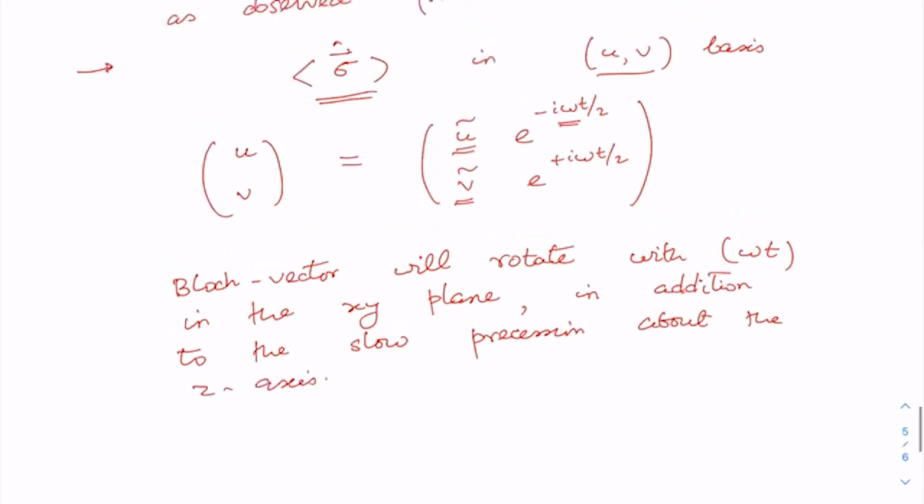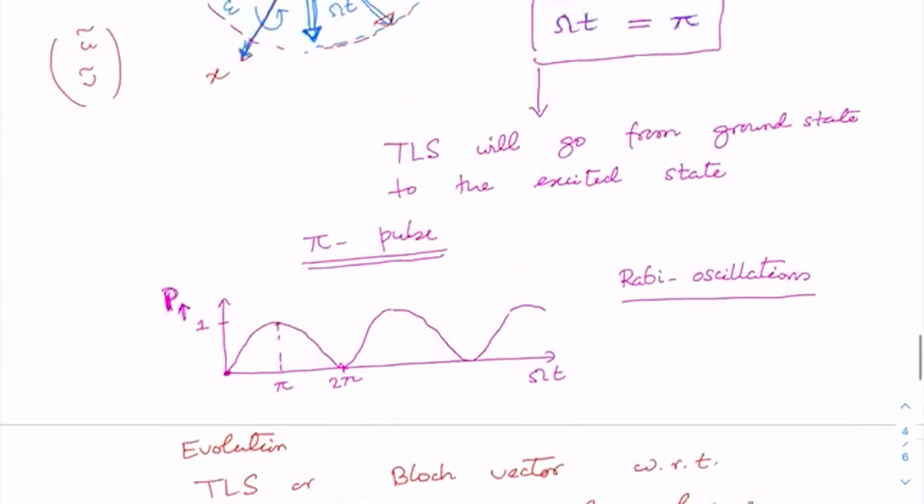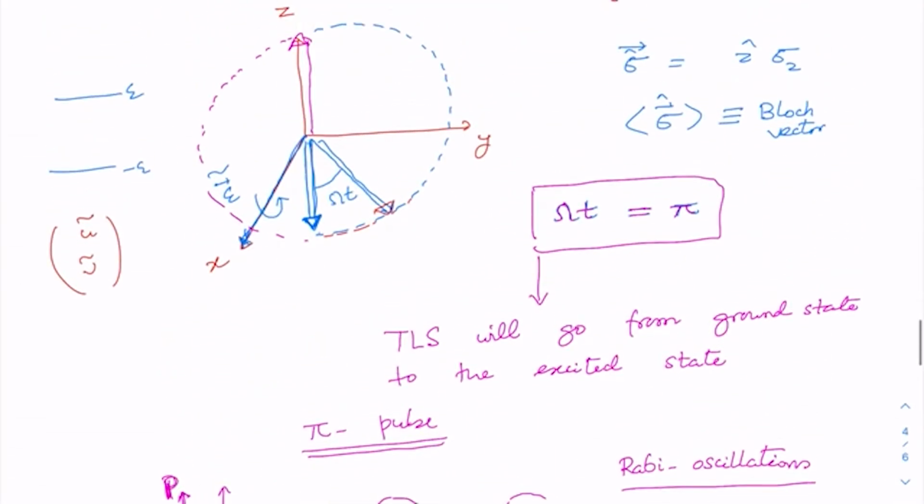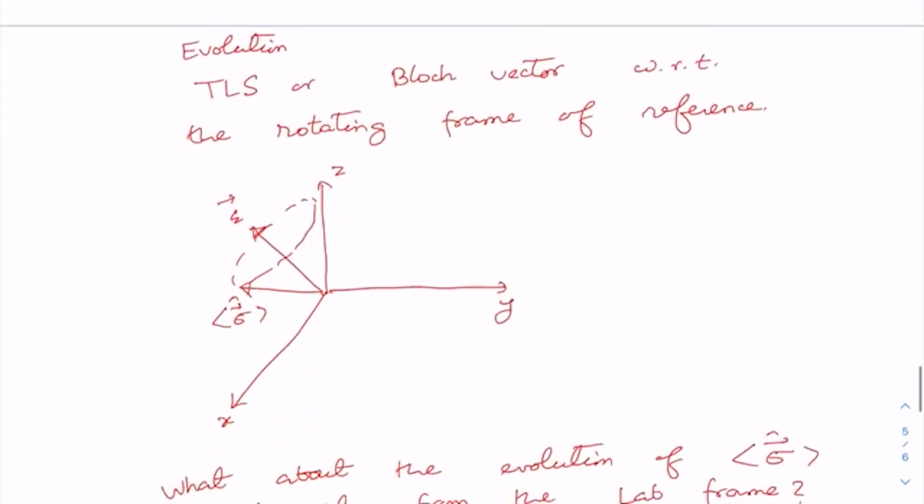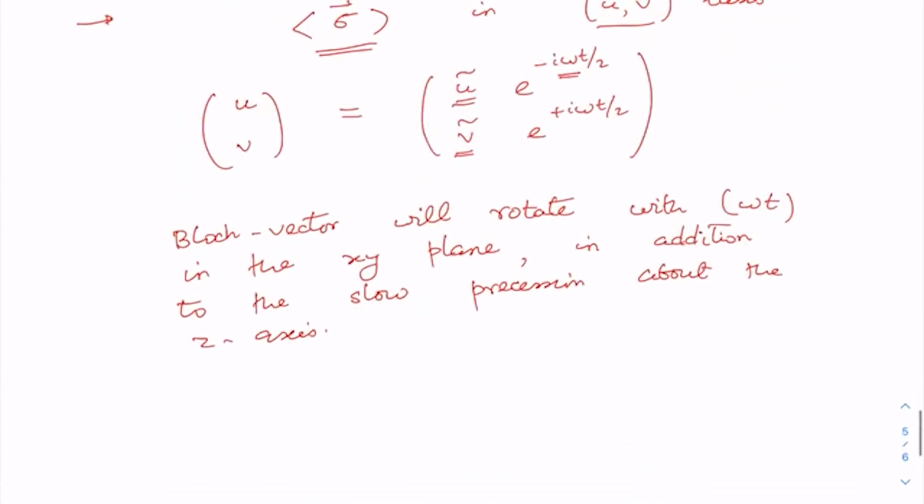In fact, we already learned this slow precession in this example. Here we see that the Bloch vector, originally in the downward direction, rotates in the yz plane about this x-axis, or this epsilon vector, and that is a slow precession. But this small omega here is a fast rotation.